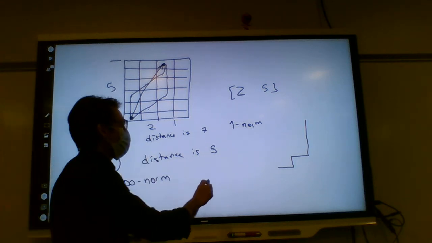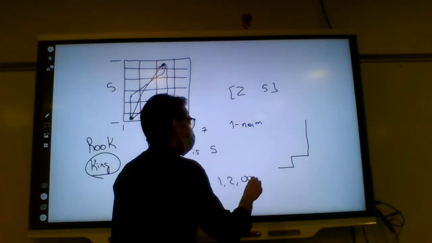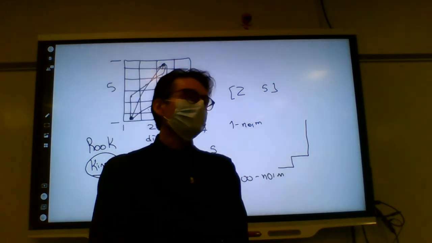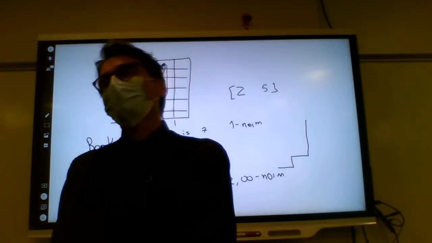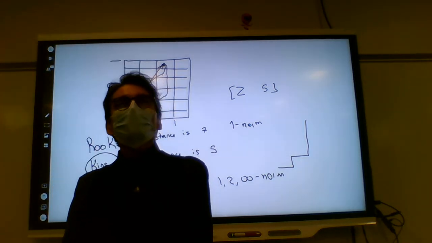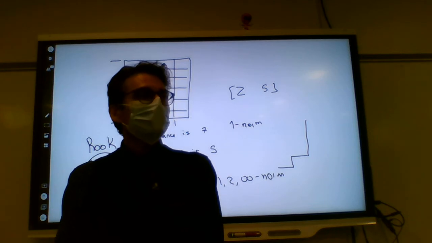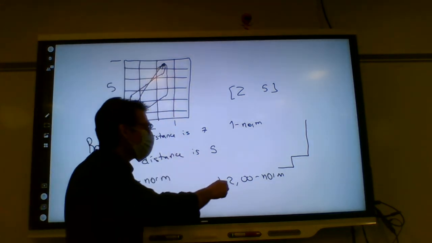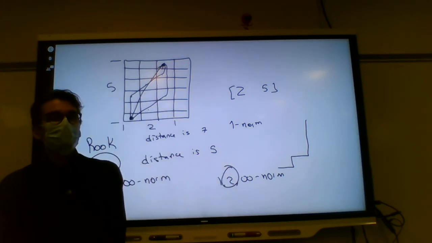Now, that means that we're going to look at 1, 2, and infinity norms, and we're not really going to deal with anything else. Some of those have uses, other p-values, but for our purposes, it will mostly be these 3, and it will depend. Most of the time, it'll be 2 norms. It's normal distance that we care about.